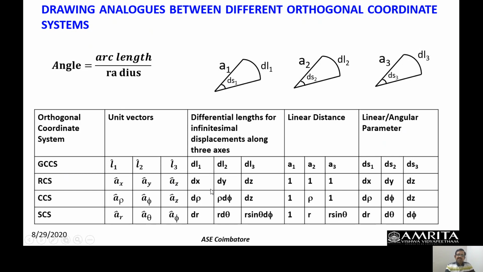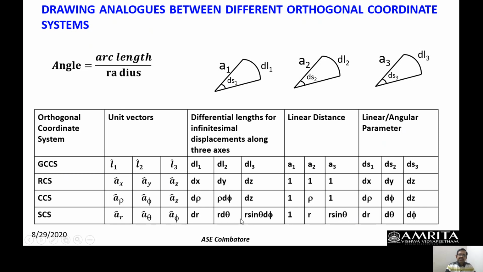Having said that, the corresponding infinitesimal lengths along these three directions are dx, dy, dz in the rectangular coordinate system, and in cylindrical coordinate system it is d rho, rho d phi rather, because I am involving an angle, and dz along the three directions. In spherical polar I got only one linear parameter, the rest of the two are in angles, therefore I got to use this picture.